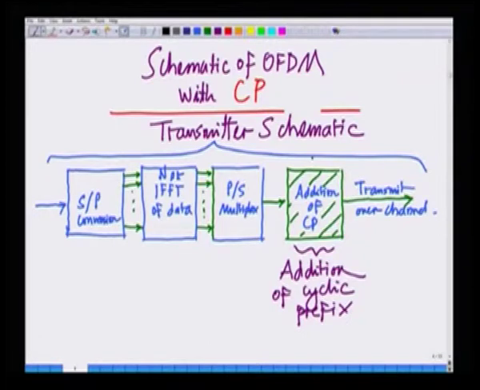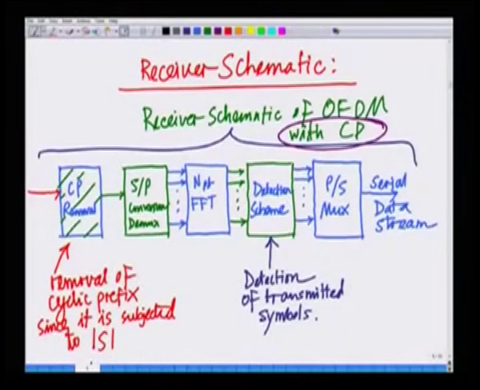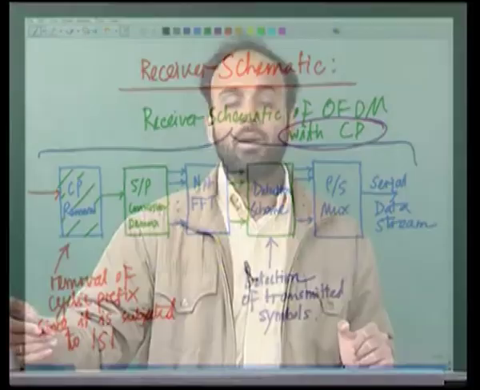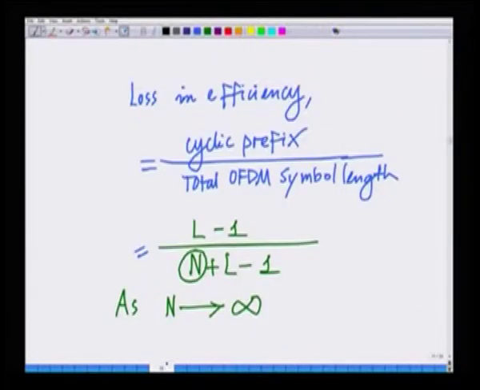That is, we need to prefix a string of symbols in front of the OFDM symbol to avoid inter-OFDM symbol interference, and at the receiver we remove the outputs corresponding to this cyclic prefix, and we also add a block for the detection of the symbols corresponding to each subcarrier before converting them from parallel to serial and passing this data onto the higher layers.